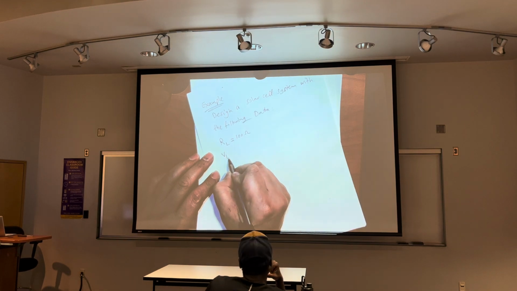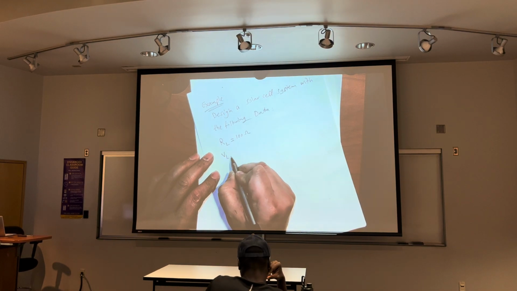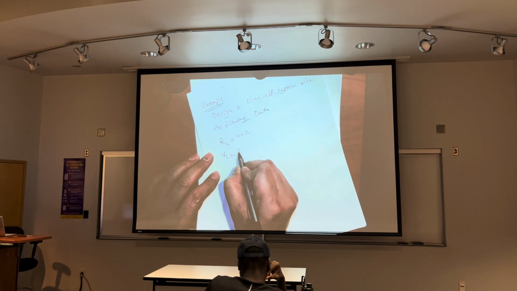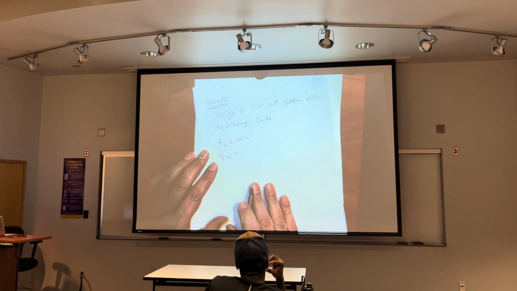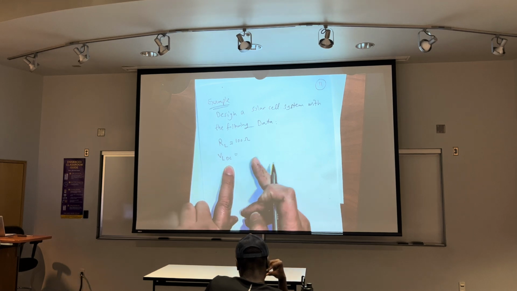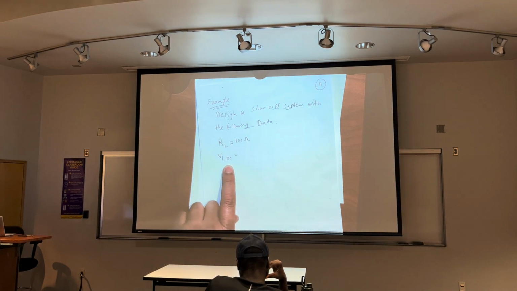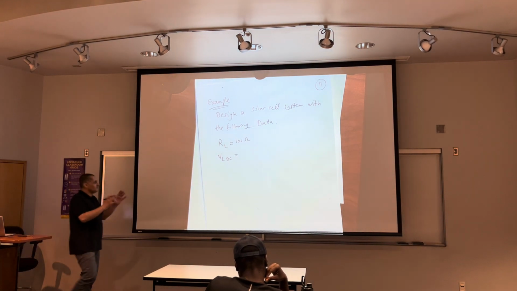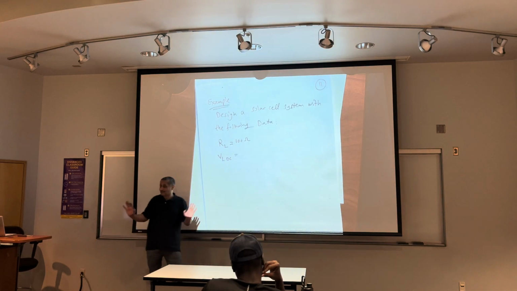V load or V out DC equals, see, I changed the letter, V out, VL, VDC, capital letter or small letter, uppercase, lowercase, same, the concept should be known. This is V load DC, okay?